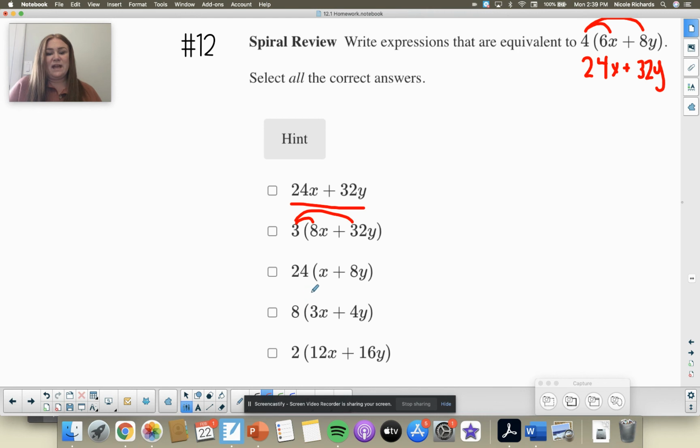Here we have 8 times 3 x's, and then we'll do 8 times 4 x's, to see if those are the same. And our last one, we'll do 2 times 12 x's and 2 times 16 y's, to see if those are the same. So we want to check each one. Do they have 24 x's? Does it have 32 y's?